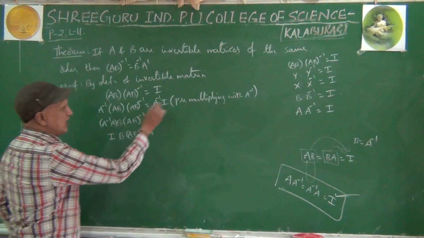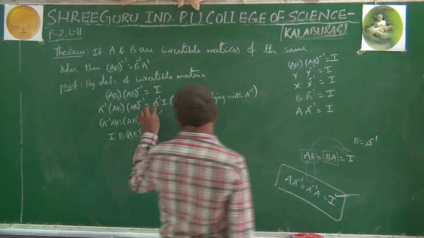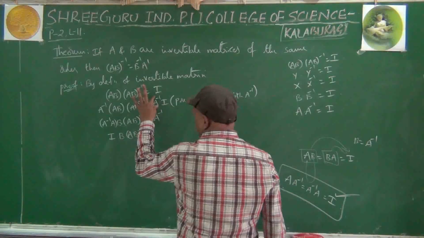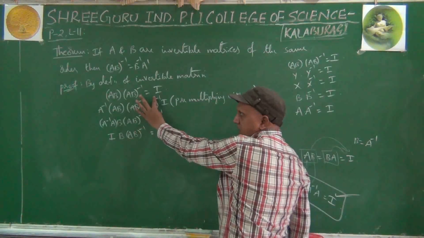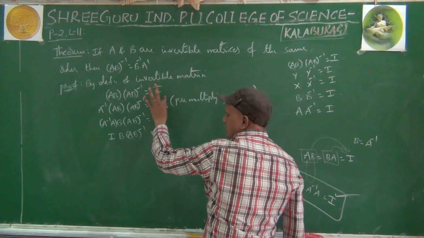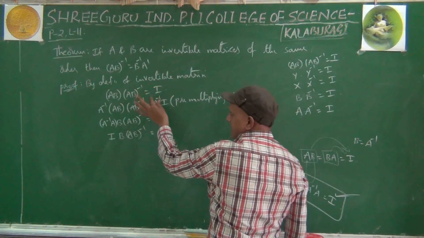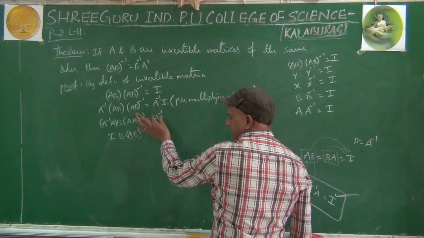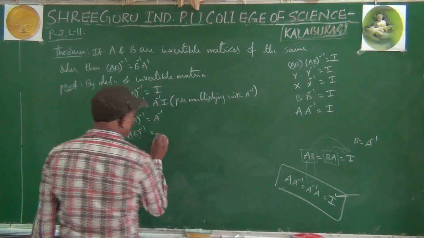Equals, as I already told, A inverse is also one matrix, and any matrix into identity matrix will be the same matrix. Okay? This will be as it is.